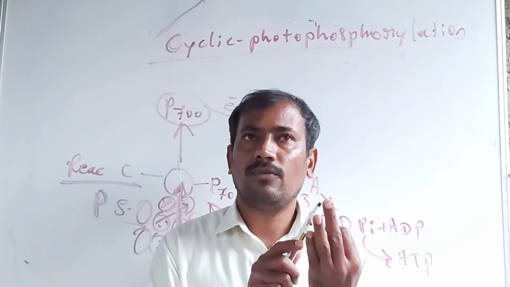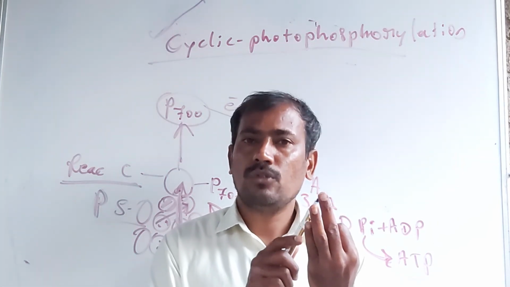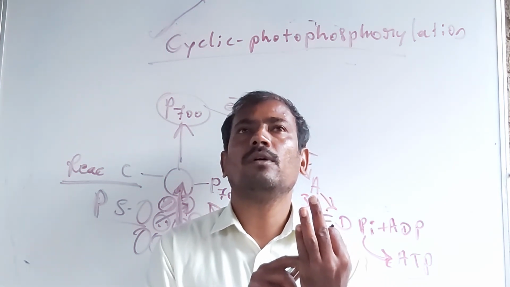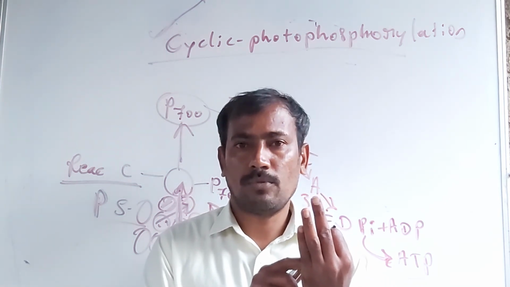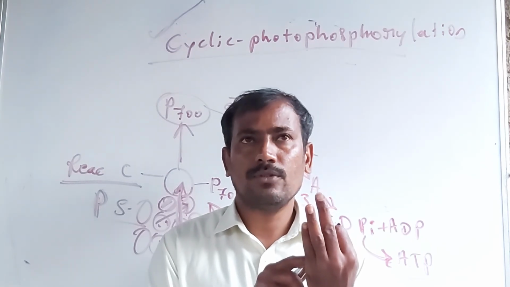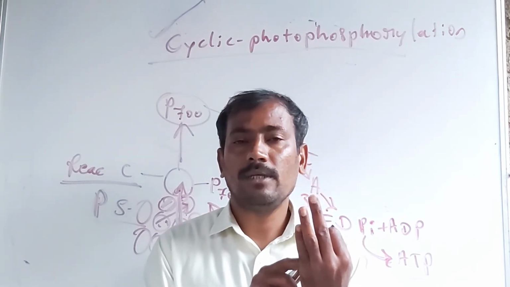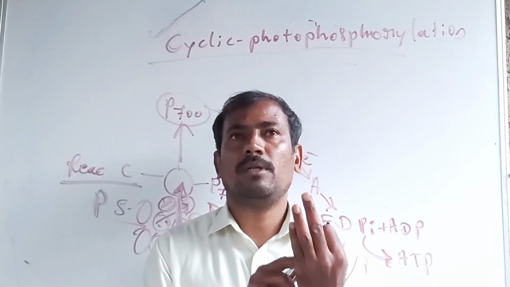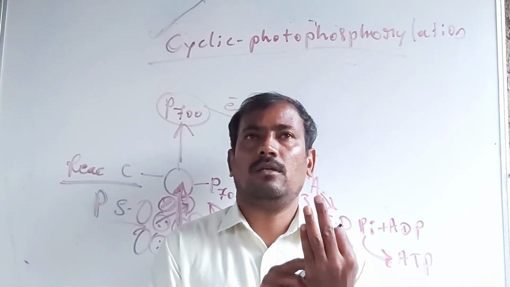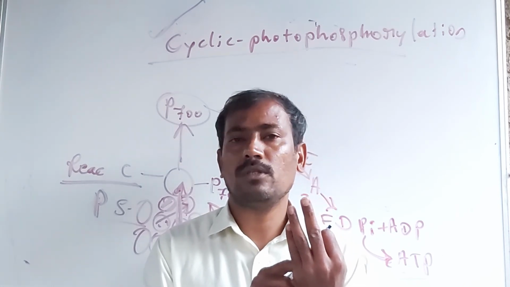During the light reactions of the photosynthesis, evolution of molecular oxygen takes place. We confirmed this after the study of the non-cyclic photophosphorylation. Then during the light reactions, formation of ATP and NADPH2 takes place. Reduced powers, assimilatory powers, NADPH2 and ATP molecules are formed.